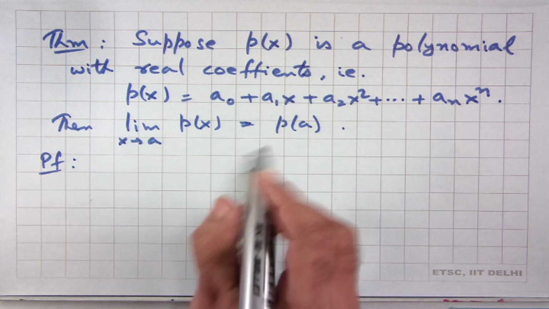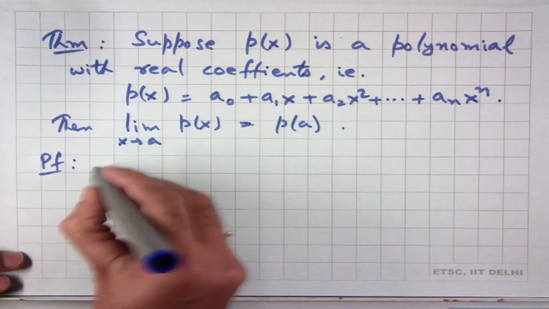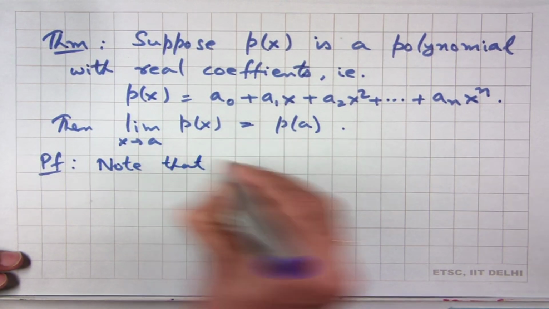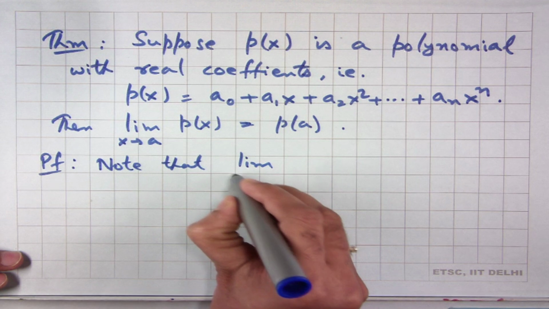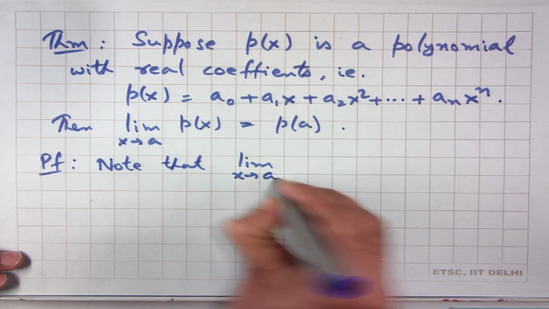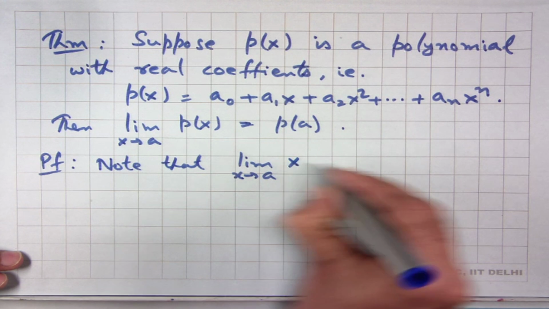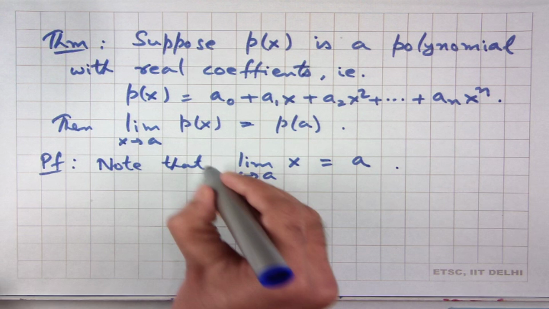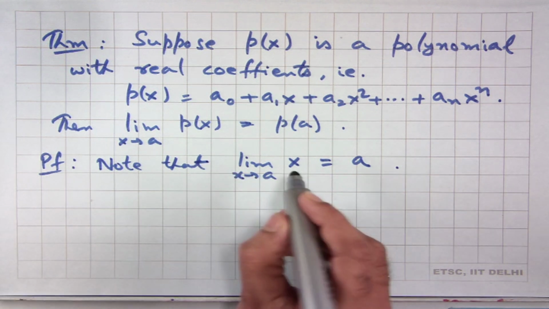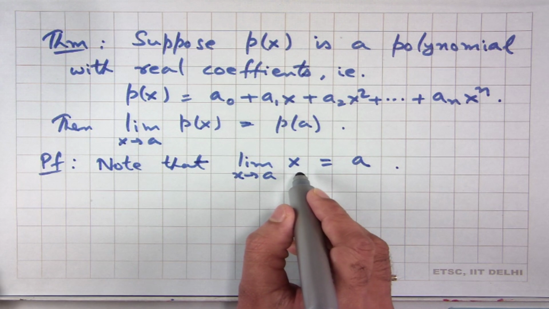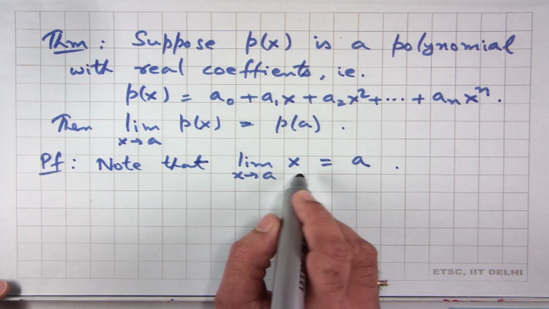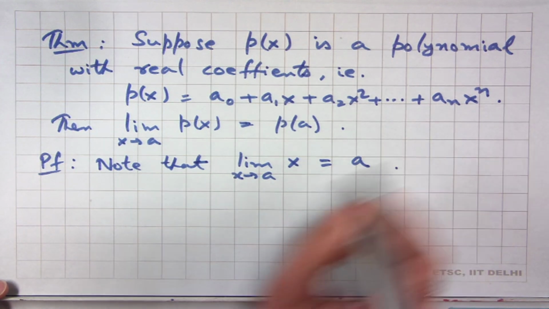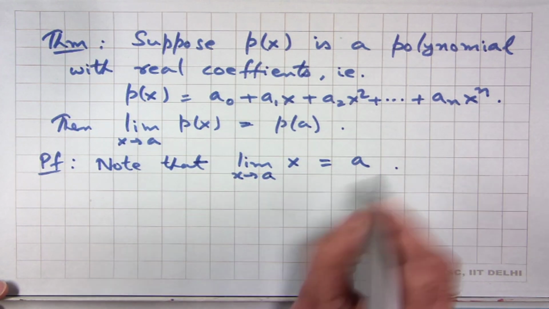So, to prove this you only have to know, first note that limit of x going to a of x, this is equal to a, right. This is very easy to see, and using epsilon delta definition you just have to see that delta equal to epsilon will work. So, the limit of the function f x equal to x, the limit at x goes to a is equal to a.